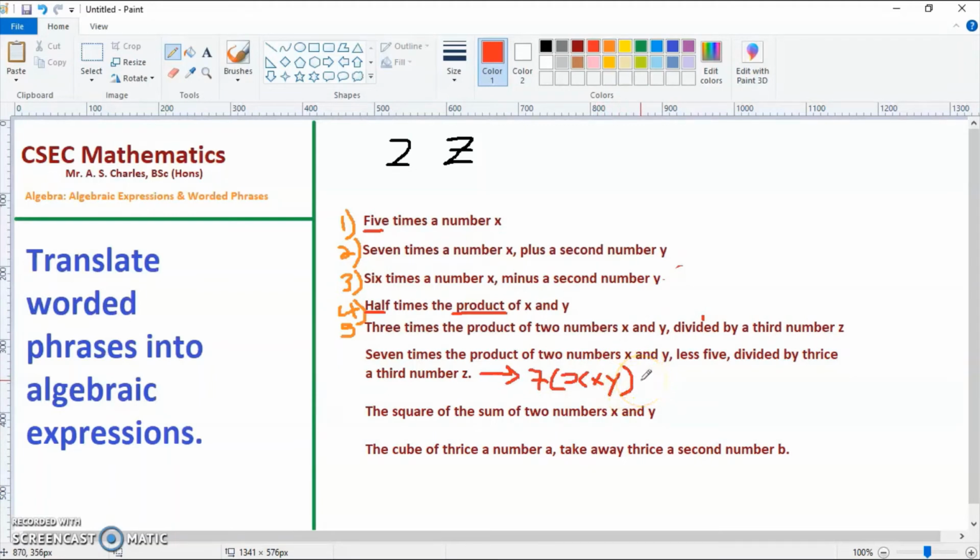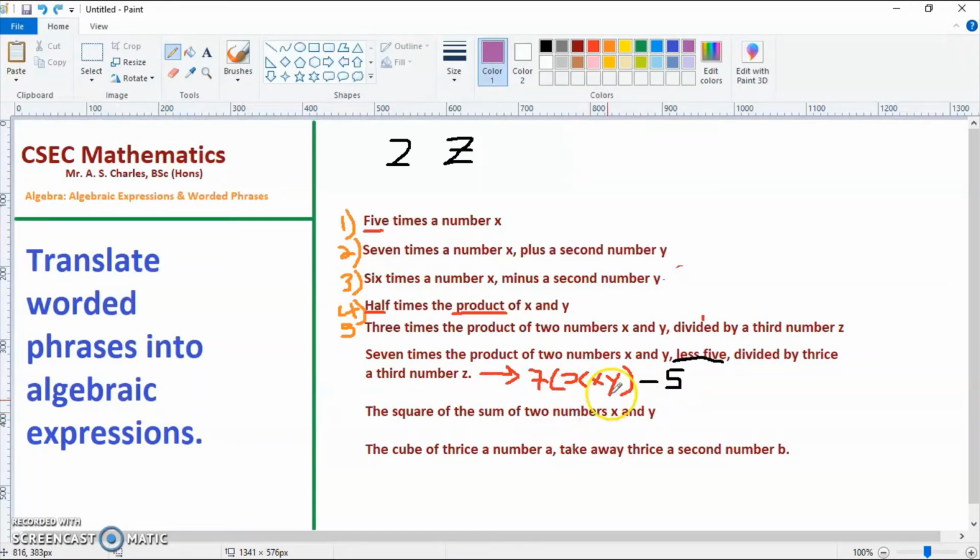Less 5, let me underline it in black. Less 5 means take away 5. And we're going to take all this and divide it by thrice. Thrice means 3 times.